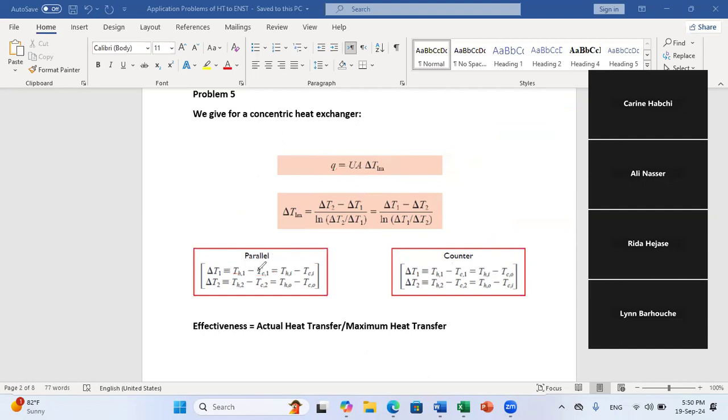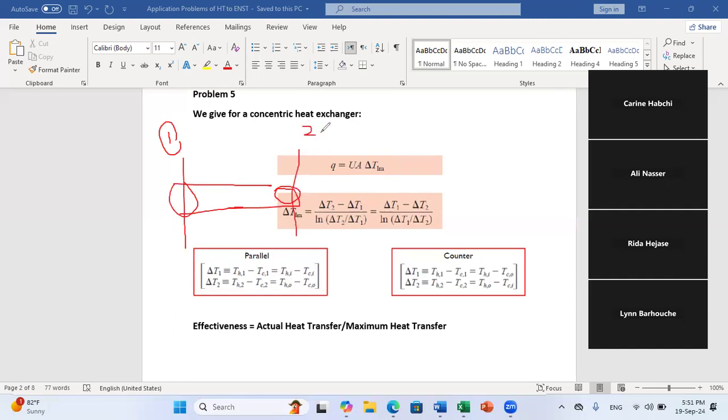You have two fluids, a hot fluid and a cold fluid. So let us take the first scenario of parallel flow, okay? So this is my tube, and I have section 1 at the inlet, let's say. This is section 1, and this is section 2.